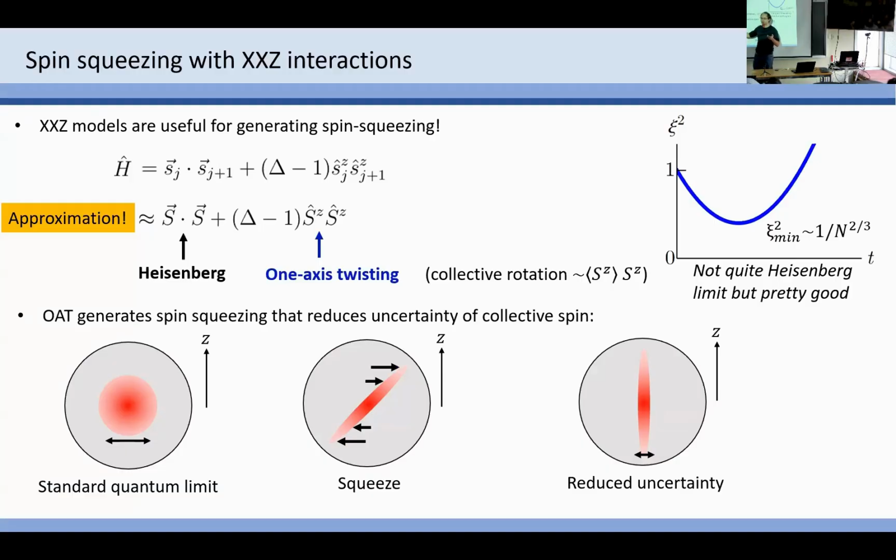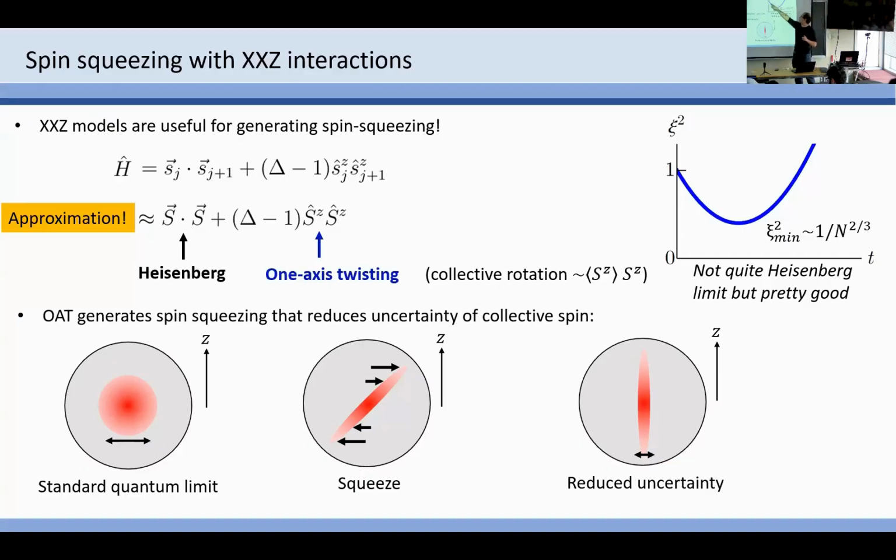If I'm north of the equator, my magnetization is positive and I twist one way. If I'm south of the equator, my magnetization is negative and I twist the other way, so it's this shearing motion. And if you take that and rotate it back to be vertical, I have indeed a squeezed state that I can use for metrology. I also have the Heisenberg term, but for a collective product state, that doesn't do anything. It's a symmetric state, so it just does not affect the dynamics.